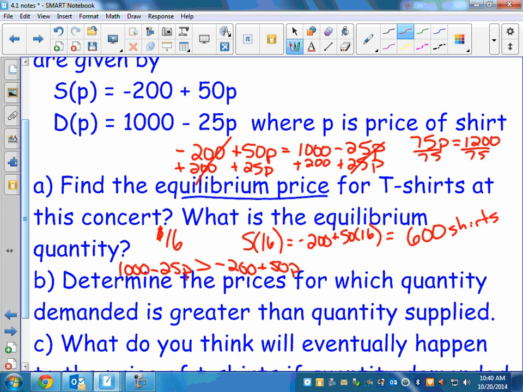If I subtract this over here, I get negative 75p is greater than negative 1,200. Because I have to divide by the negative, I'm actually going to get, when the price is less than $16, and the quantity demanded is greater. That's why I stopped myself from just jumping to the answer.